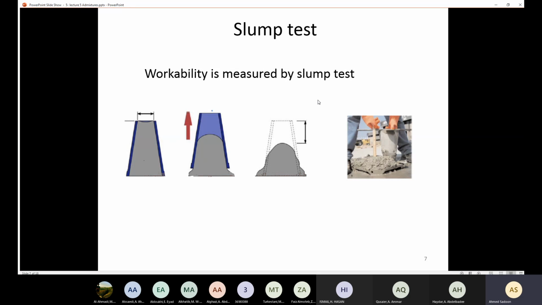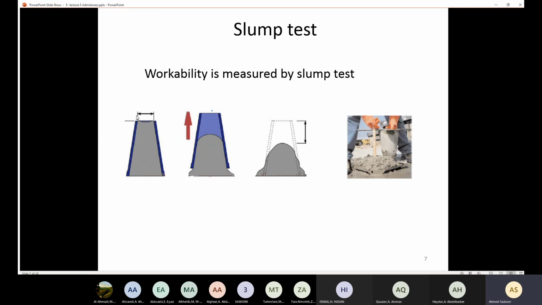In the slump test, I'm going to use this conical shape, a steel conical shape, like this one here. This diameter is smaller than that diameter. Then I'm going to fill that conical shape with concrete in 3 levels or 3 layers. Layer 1, and I'm going to provide compaction, 25 strokes. Then layer 2, another 25 strokes, and the final layer with 25 strokes.